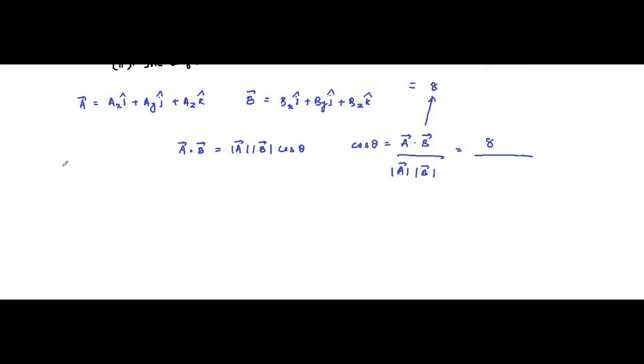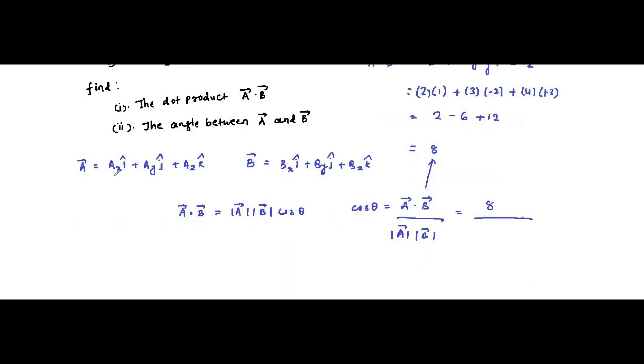Then a vector modulus, here we know that suppose a vector is expressed as this, a vector modulus will be root over of the sum of the squares of the x, y and z components respectively. So here a vector modulus will be 2 square plus 3 square plus 4 square. Similarly, b vector modulus will also be the root of the sum of the squares of the x, y and z components respectively.